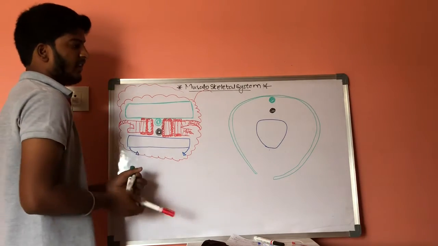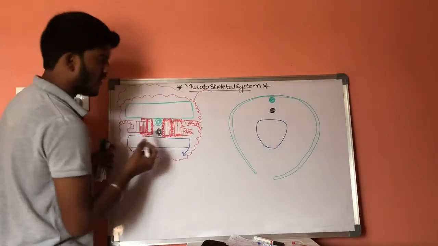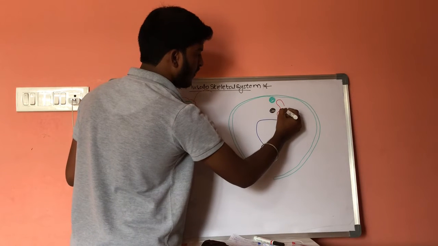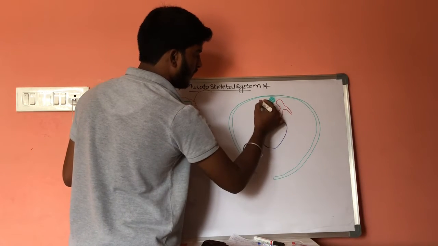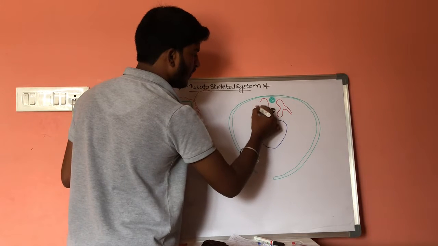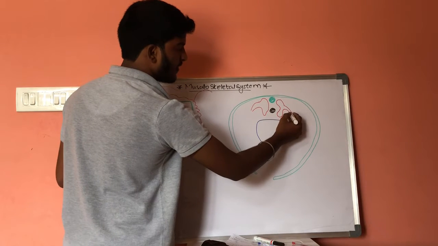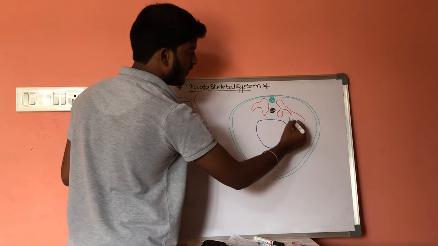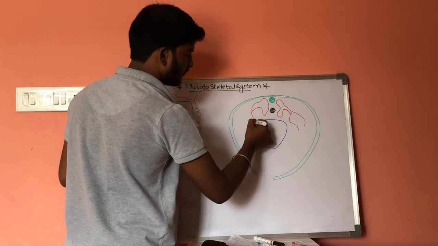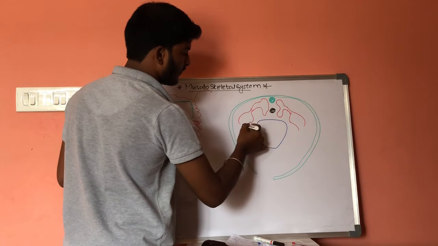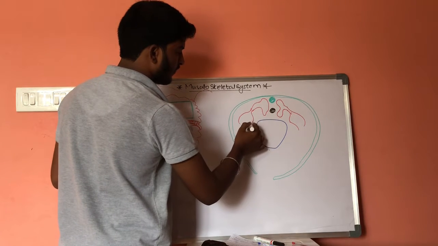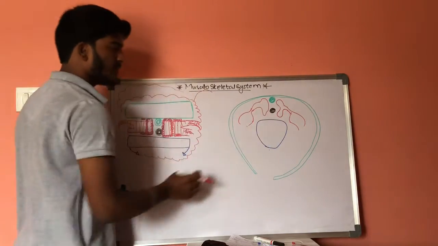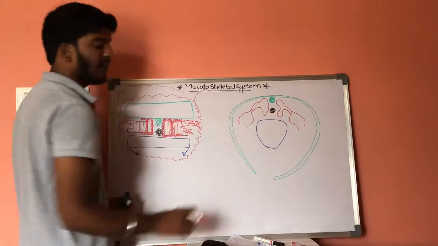In between, it consists of paraxial mesoderm. These are the paraxial mesoderms, and these are the intermediate mesoderms.